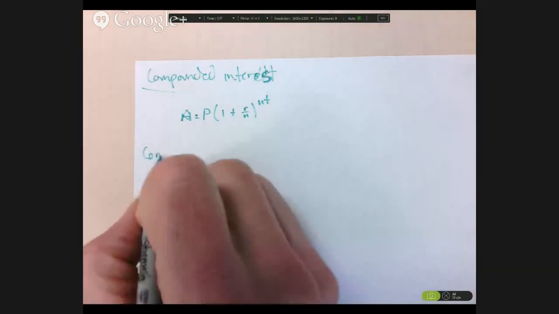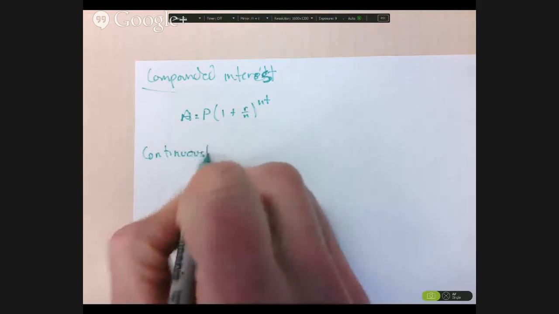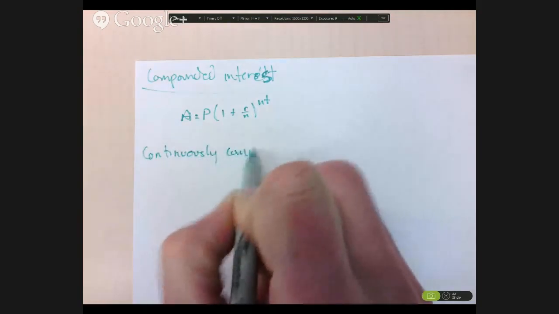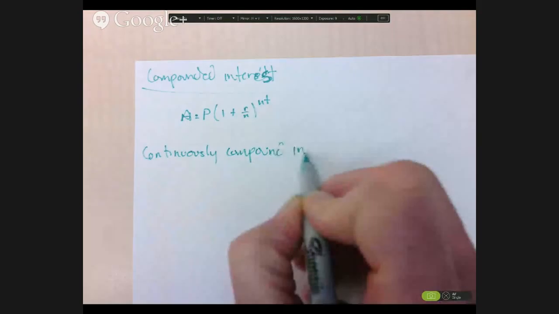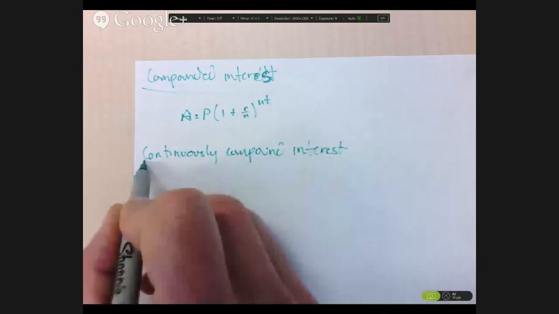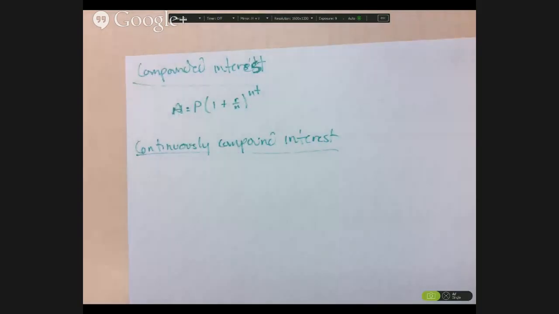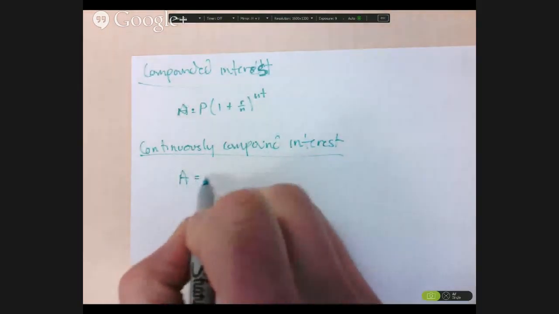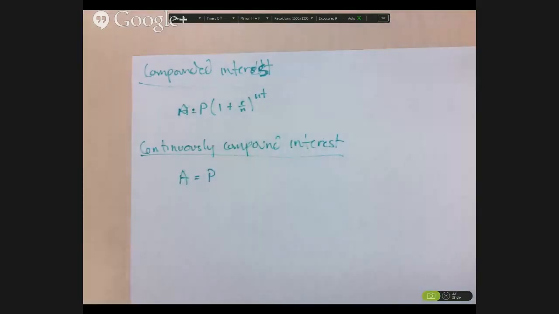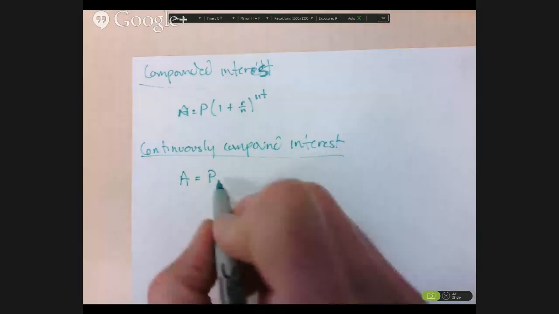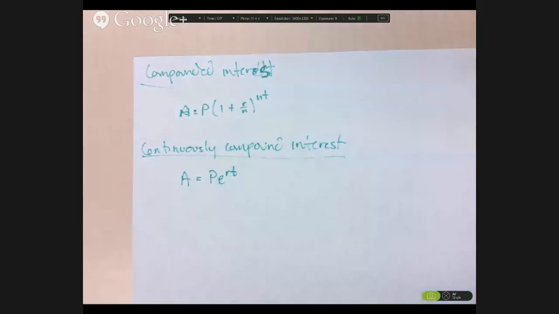With e, we can continuously compound interest, which is more beneficial to your bank account. It's better. So the interest is calculated continuously, which means the principal is added to continuously. And it gives you a higher final amount.